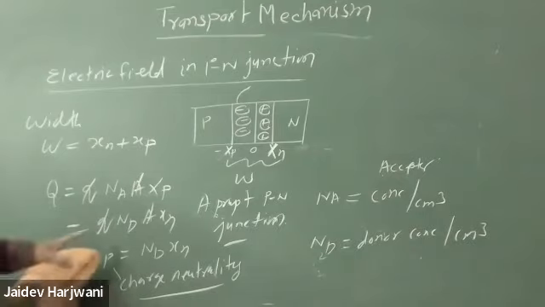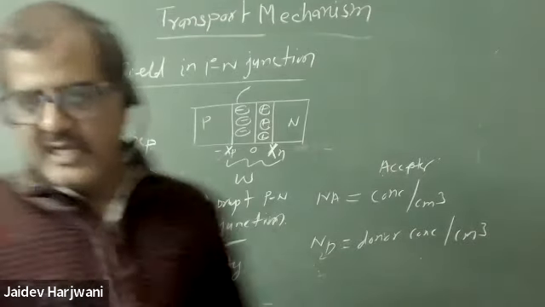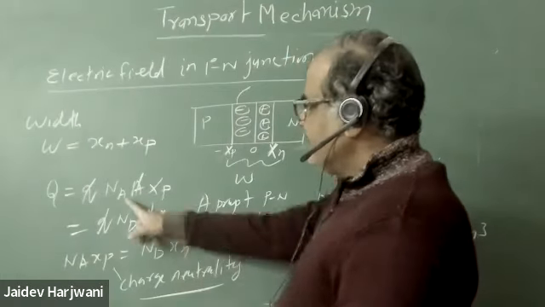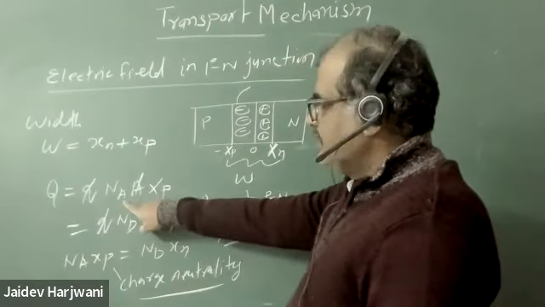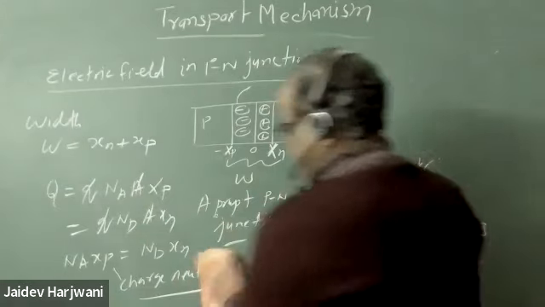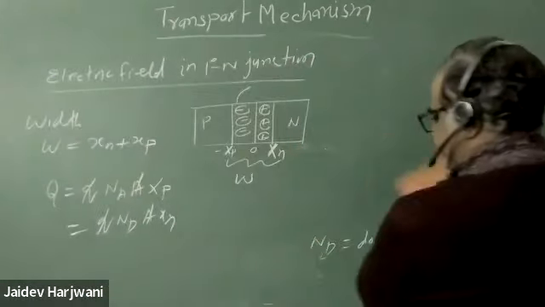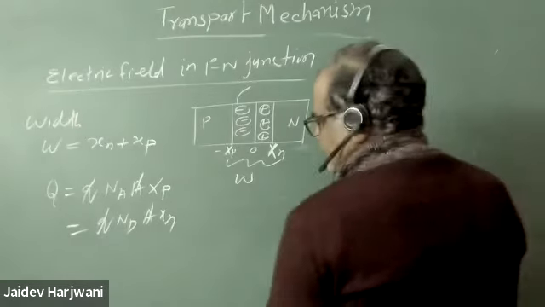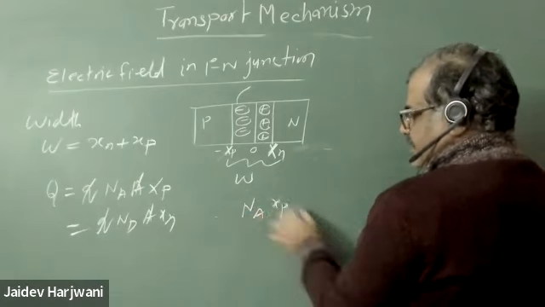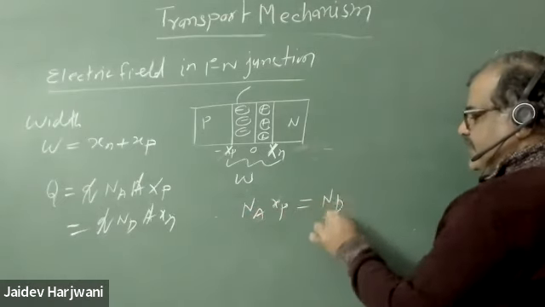This is called the charge neutrality condition. So both sides you have the same charge. Now suppose I increase this Na. If I increase Na, then what will happen? You have Na xp equals Nd xn.